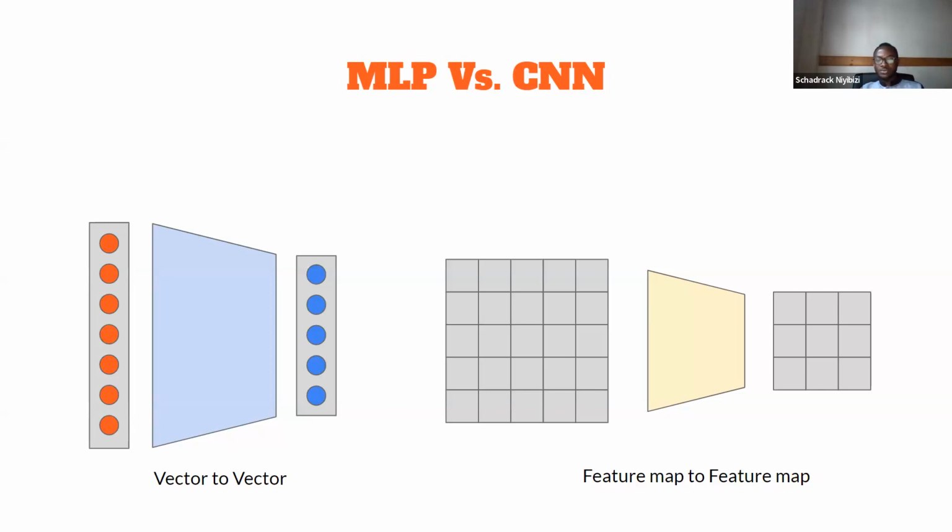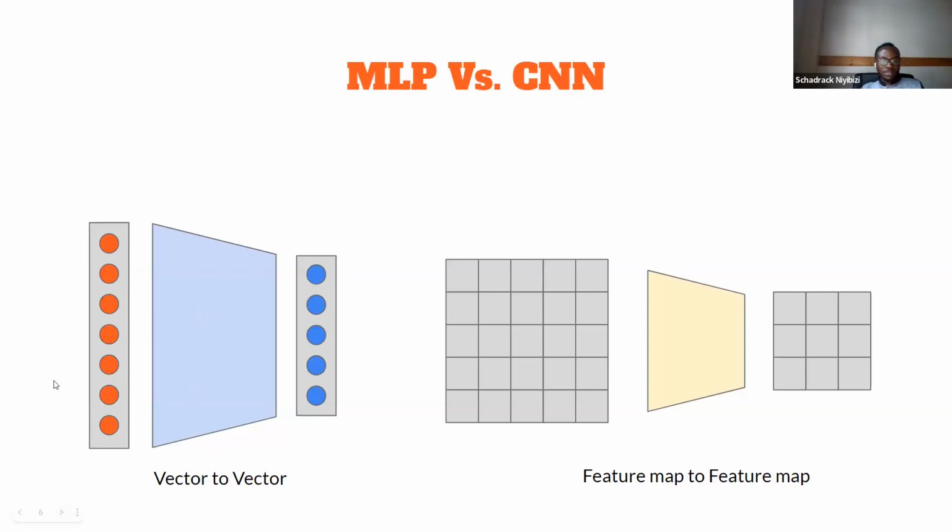Then we'll be having a two-dimension input because we're doing one batch at a time, which has 10 or 32 samples. But the features will be flattened so that we have one dimension. That's why we're talking about vector to vector. We'll be having the input to the MLP, which passes through the MLP, then the output will be the vector.